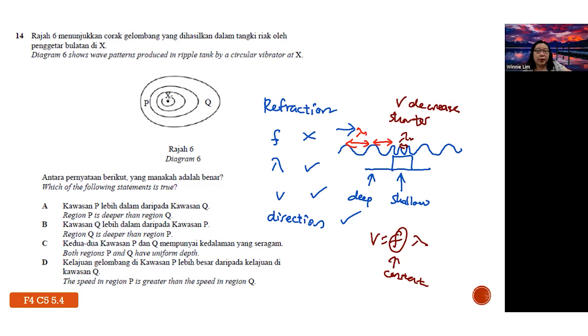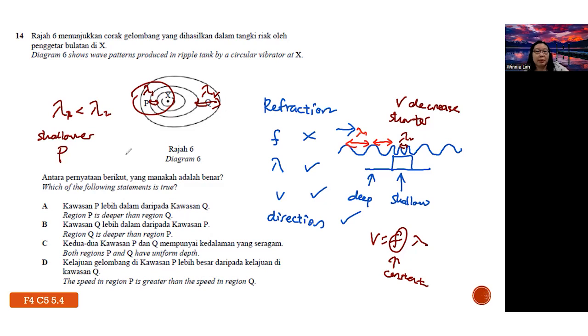So based on the diagram, wavelength is here now. Lambda 1, lambda 2. So lambda 1 is shorter than lambda 2, right? Which means at this region, they're supposed to be shallower, at P. So we see which is the correct answer.